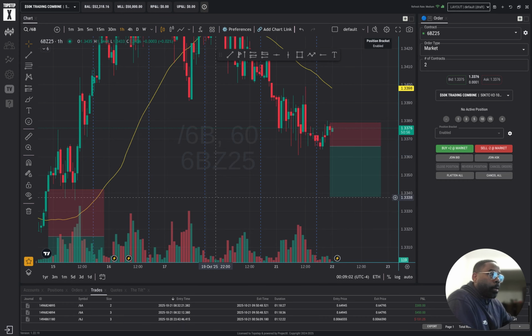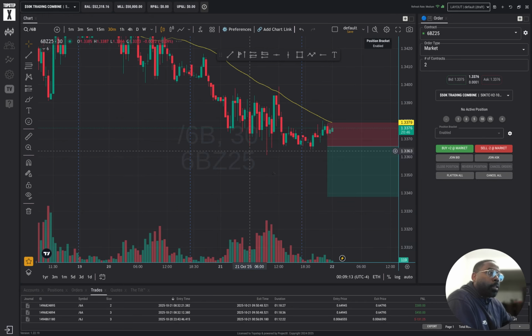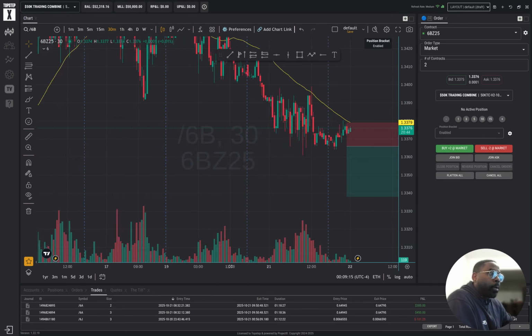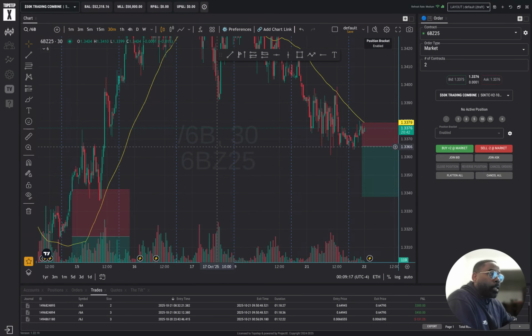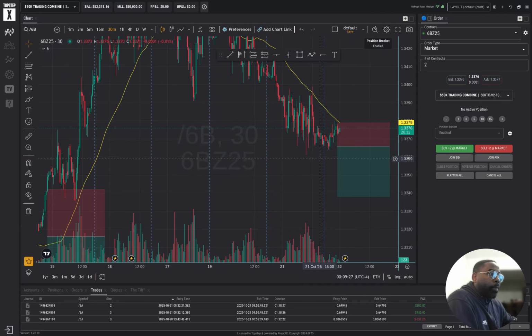Now I'm targeting here, but once we get to this point of resistance, I'll be checking the chart and looking to see if we have any problems getting through that. Because if you look at this on the 30-minute time frame, you don't see that resistance. If I'm on a 30, you would see resistance down here. So that's why I will be targeting this initially, depending on how price is moving.